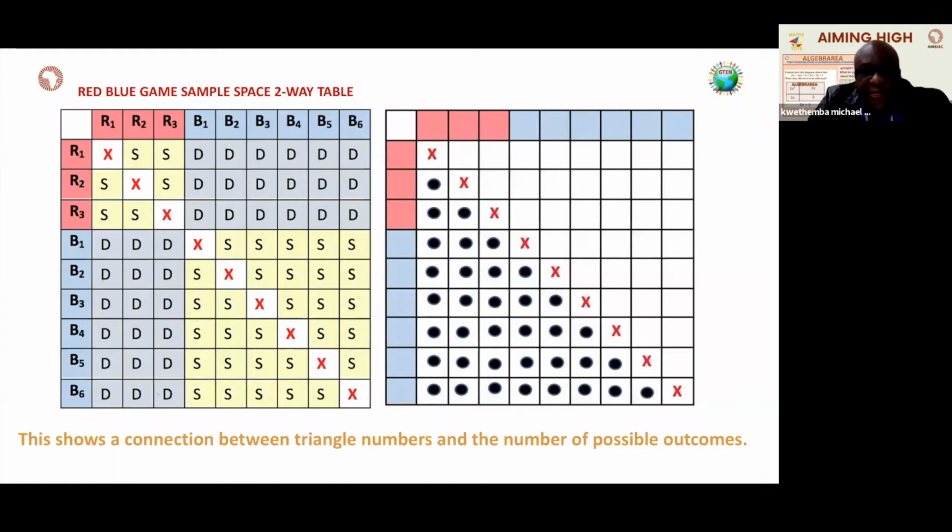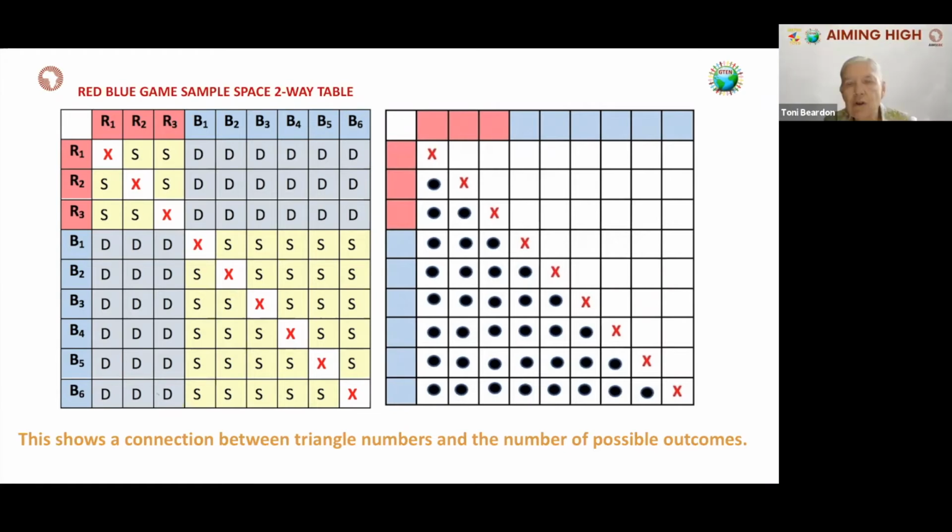Can you see that? This helps us to see the connection between the triangular numbers and the number of possible outcomes. We'll talk shortly of the triangular numbers in the next slide which follows.